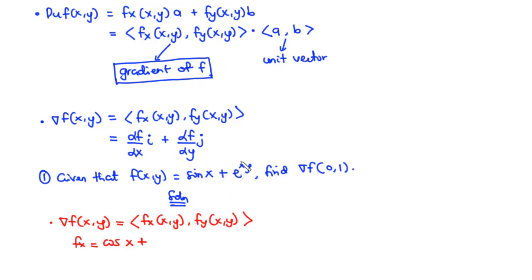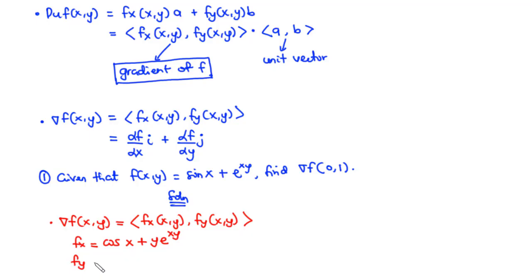So we focus on the exponent. We differentiate x, we have 1, then 1 times y is y, so we are going to drop down the exponent, which is y, and then we multiply that by what we have here, so times e to the power xy. So that is for f_x.